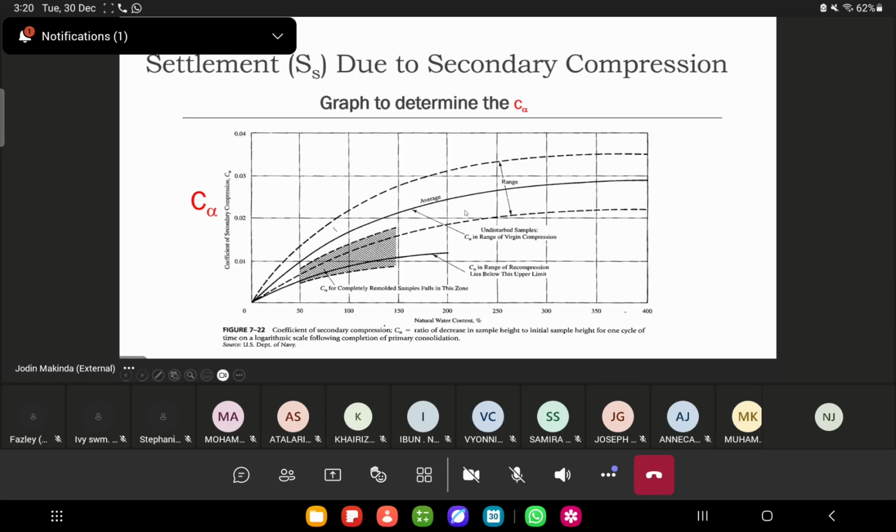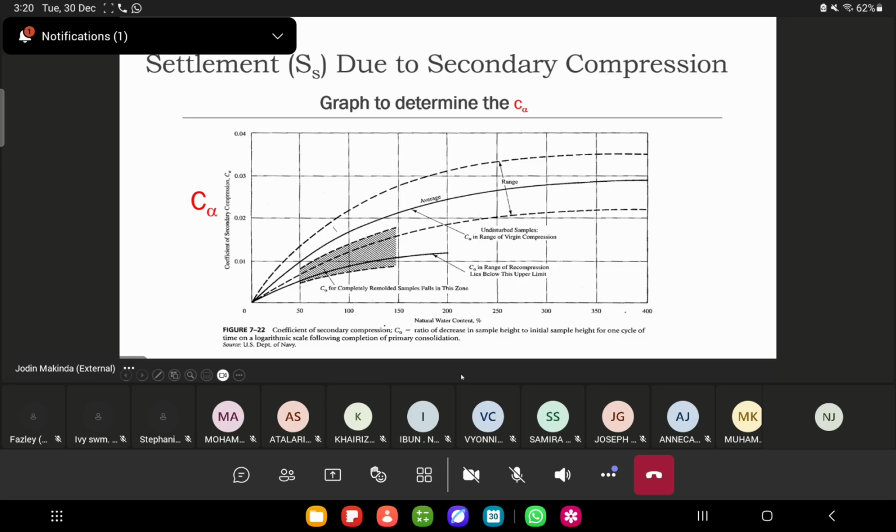The coefficient C alpha is obtained from figure 7.22. This summarizes the coefficients of secondary compression based on the natural water content of the soil. That is why in your PBL, I asked you, what is the natural water content of your soil?